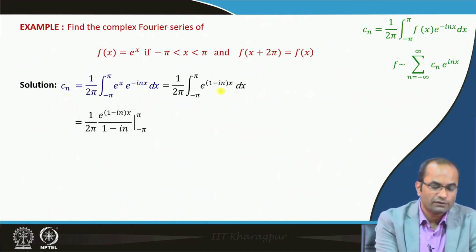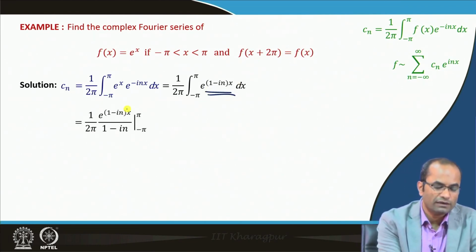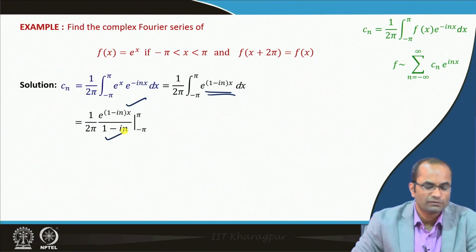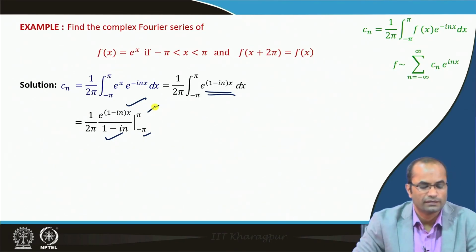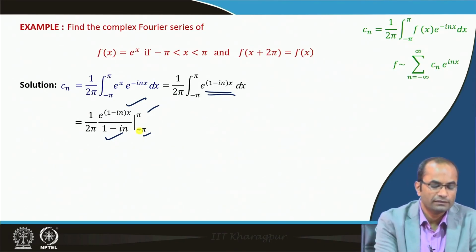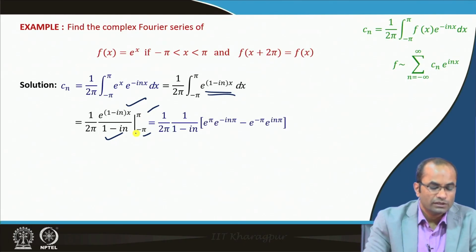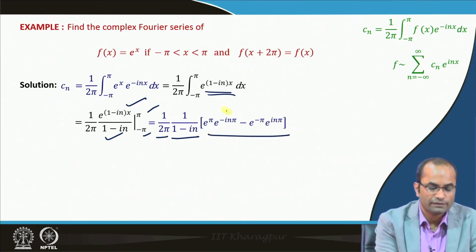So, now the integral of this is also easy. So, we have e^((1 - in)x) divided by 1 - in, and then this x will vary. The upper limit is pi and the lower limit is minus pi. So, here again we have 1 over 2 pi and then 1 over 1 - in, and here we have substituted pi for x.